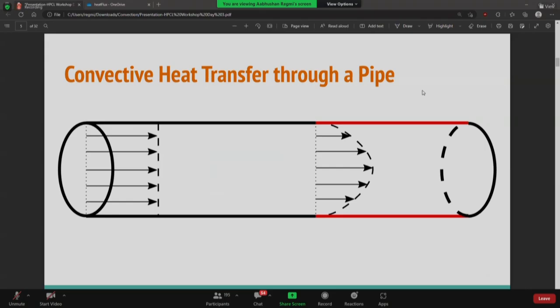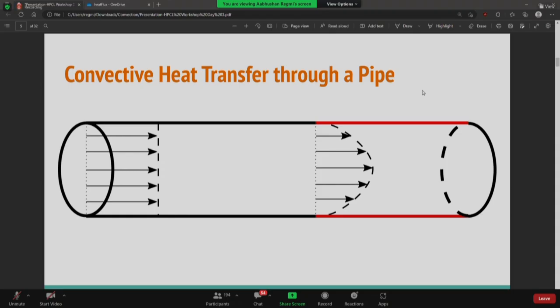Now, this is the problem we are going to simulate today: a convective heat transfer problem through a pipe. Our pipe is about 5 meters long, and initially the section in black is not heated, and we expect the flow to be fully developed after a certain length, after which we are going to heat the pipe.